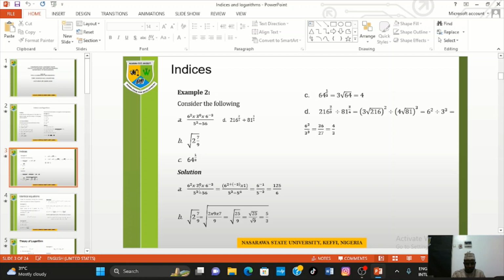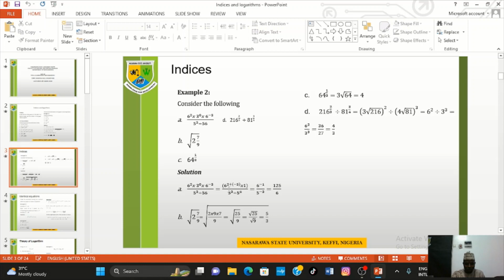As the laws tell us from the beginning, when you are multiplying numbers that have the same base, you plus the power. Is that clear?